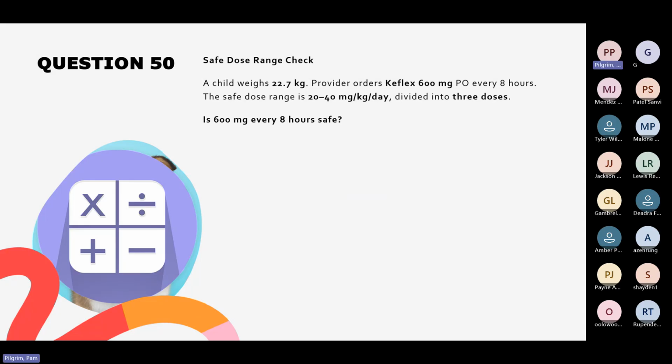Once I start seeing some answers come in, then I'll look at the review. I see three people that say this is a safe dose.